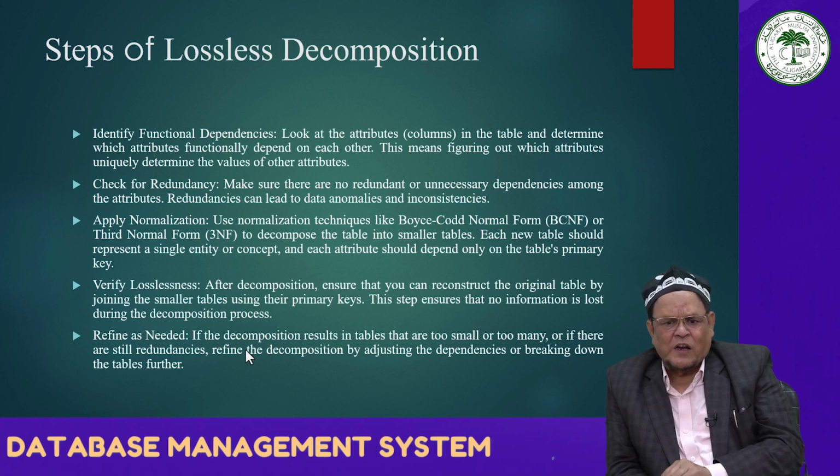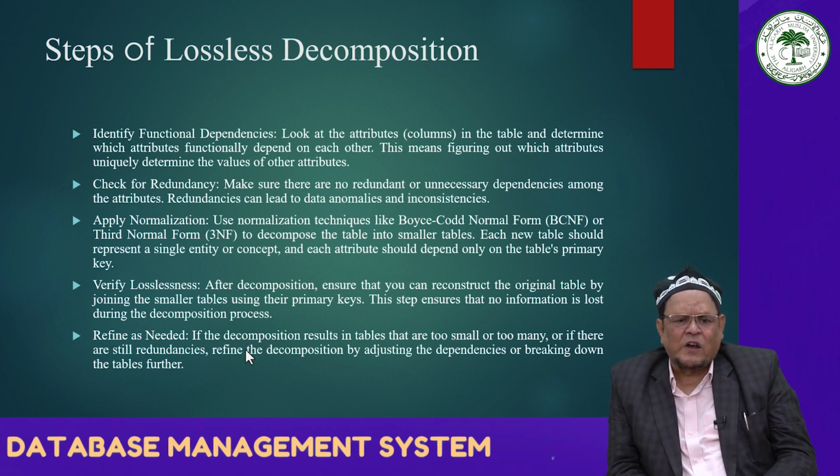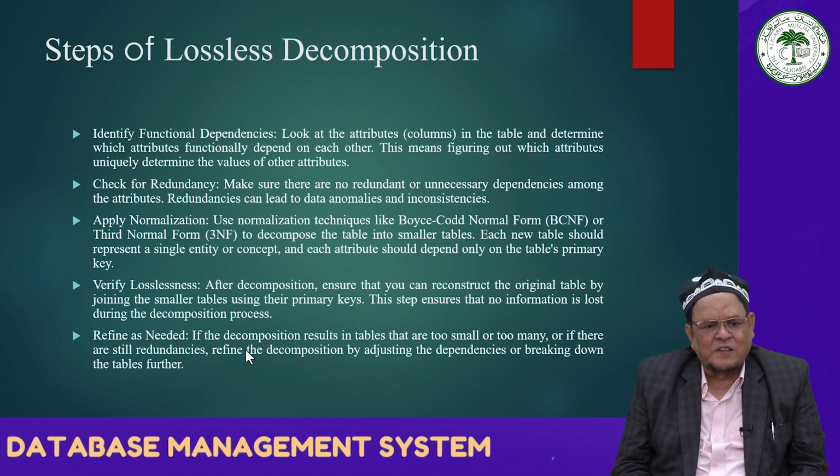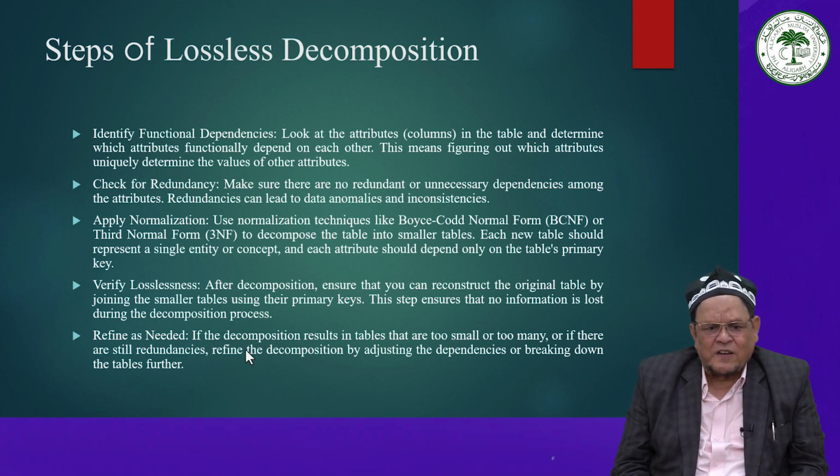This step ensures that no information is lost during the decomposition process. And then refine as needed. If the decomposition results in tables that are too small or too many, or if there are still redundancies, refine the decomposition by adjusting the dependencies or breaking down the table further.